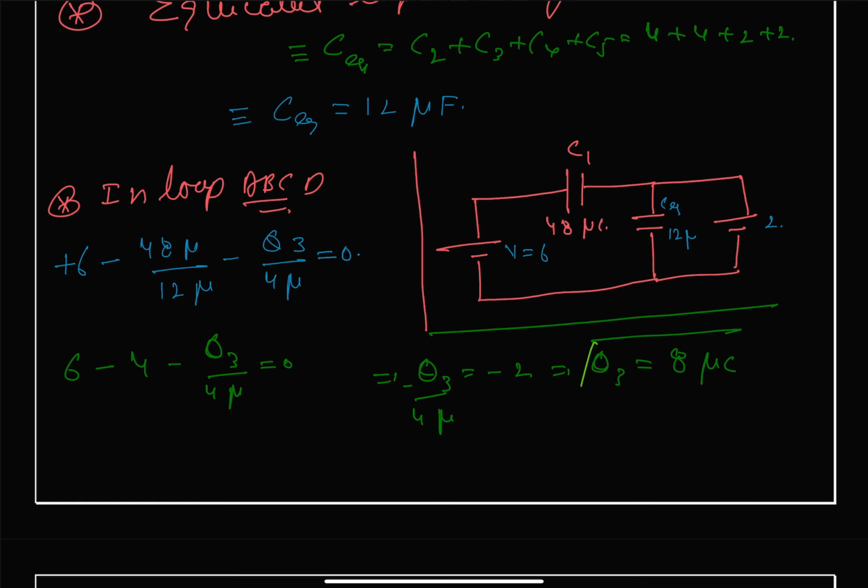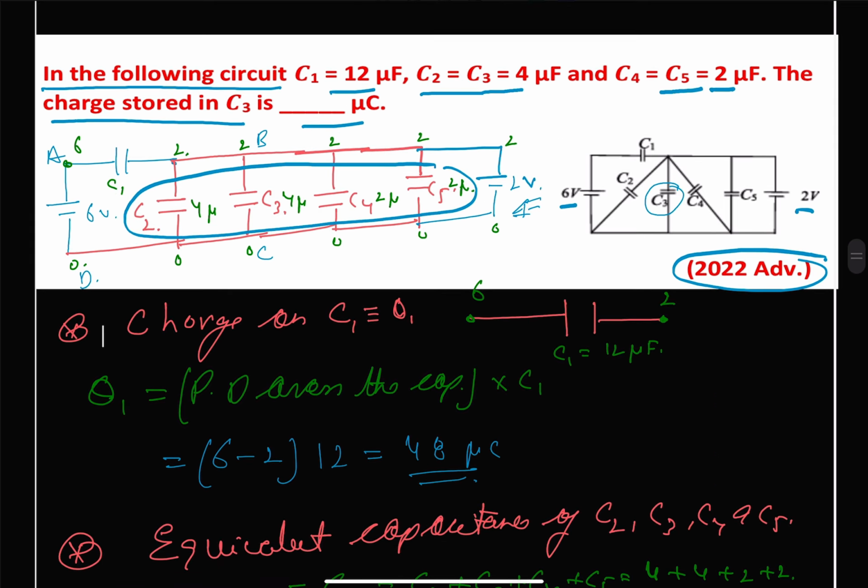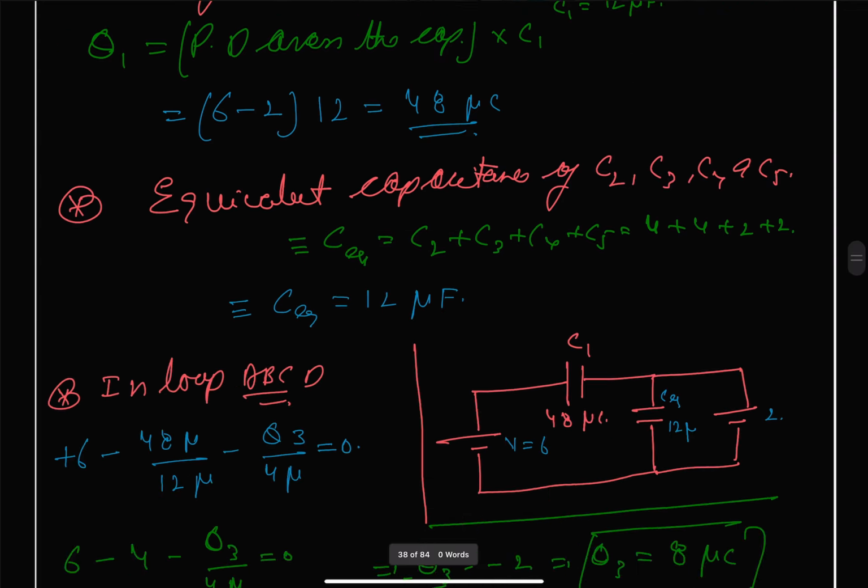So this is the charge on C3, that is our 8 microcoulomb. Next question.